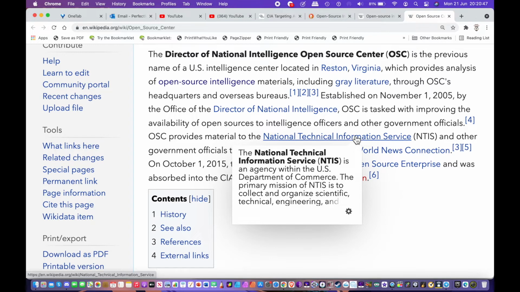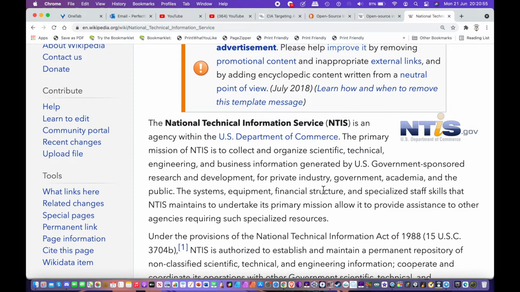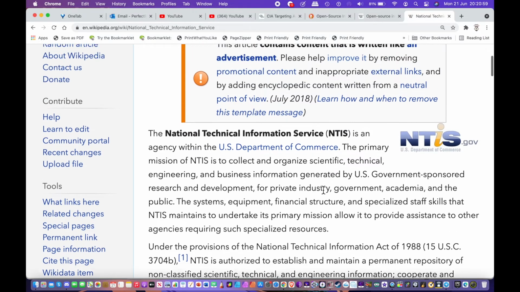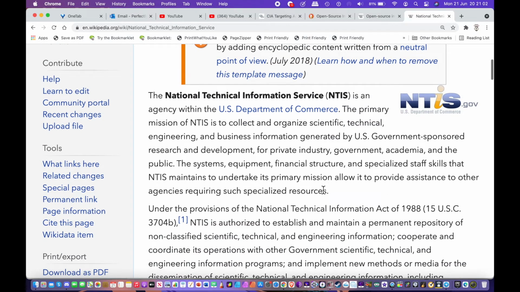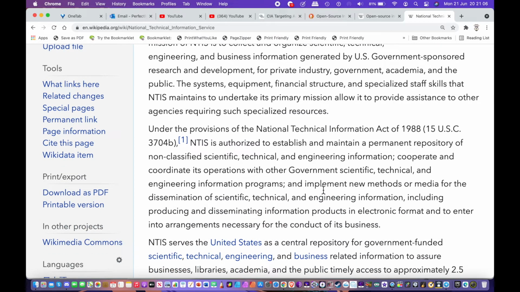Which also kind of, let's have a look. The Department of Commerce, sorry, that might be a different one. I think it's NTIS, sorry.